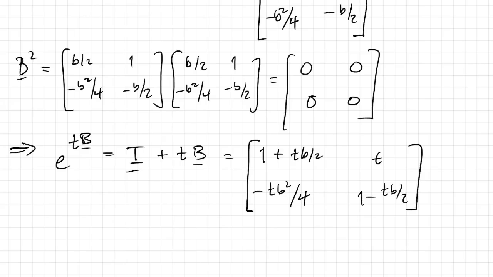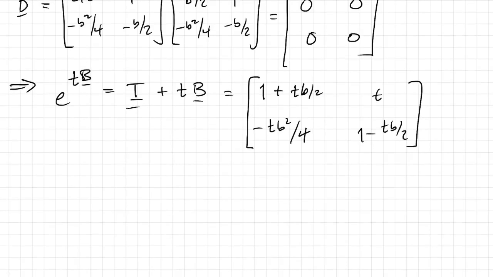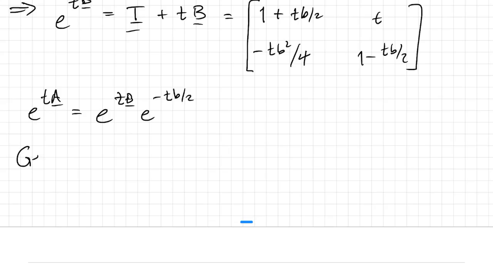And then to get the exponential of A, we just multiply that by e to the negative bt over 2. The general solution in system terms is e to the tA times an arbitrary vector c.